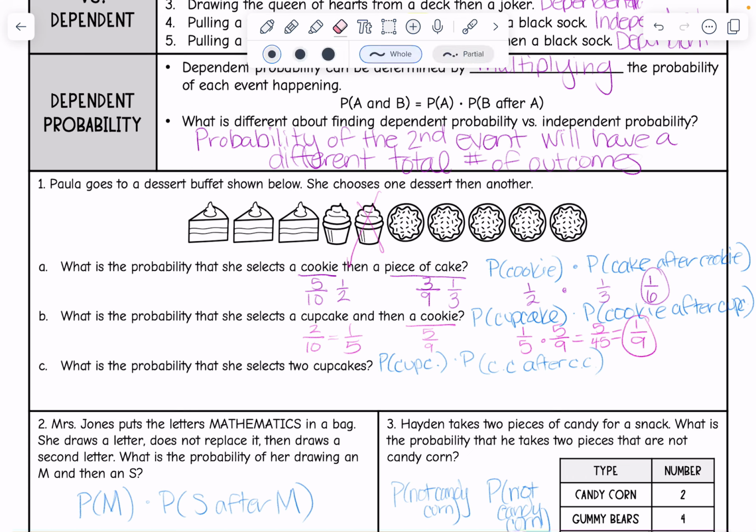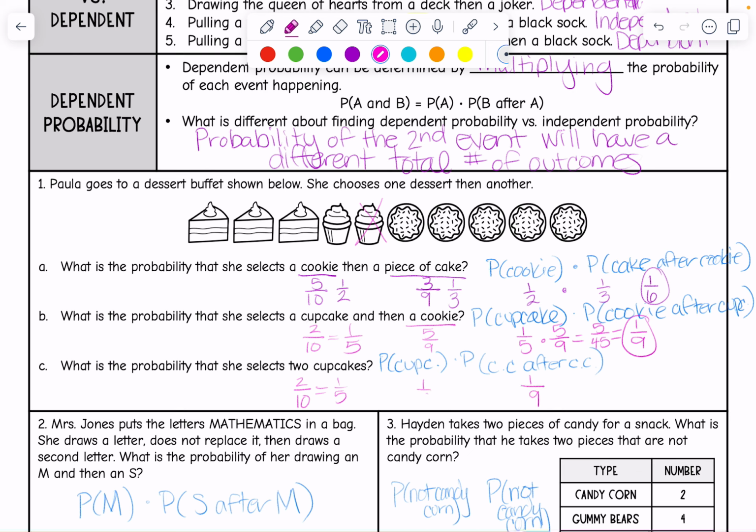And then the probability that she selects 2 cupcakes. We actually already figured out the probability of the first one being a cupcake. So the probability that the first one is a cupcake is 2/10, which again was equal to that 1/5. Now, assuming that she picks a cupcake, for that second item to be a cupcake, there's now only 1 cupcake left out of the 9 possible outcomes.